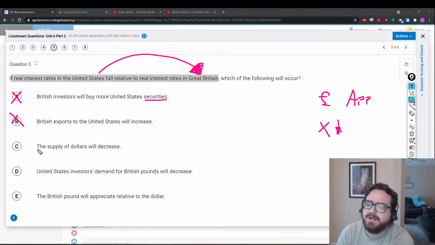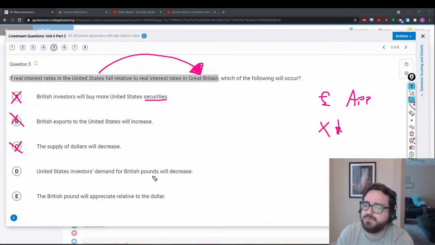So no. The supply of dollars will decrease. I assume they mean internationally. If they mean money supply, definitely not. If they mean internationally, also not, because if we're trying to invest in Britain, we are supplying more dollars internationally, so that's also wrong.